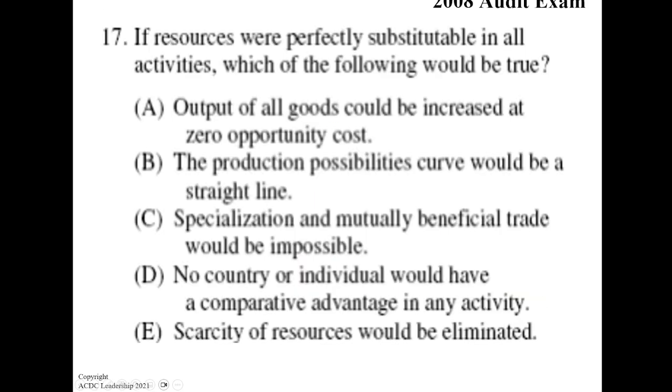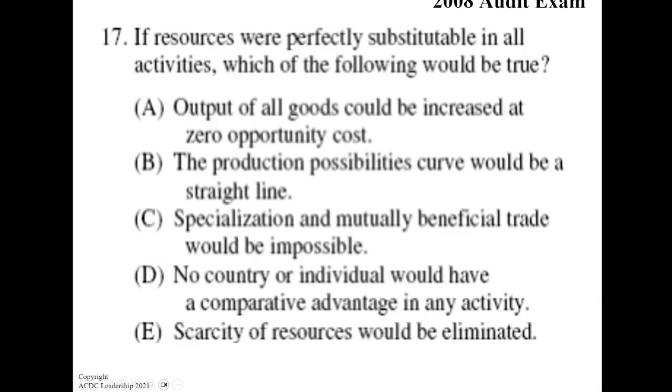So let's go over another one, right? If resources were perfectly substitutable in all activities, which of the following would be true? The output of all goods could be increased with zero opportunity cost. This is not true, because if resources were perfectly substitutable, meaning we're at full efficiency.